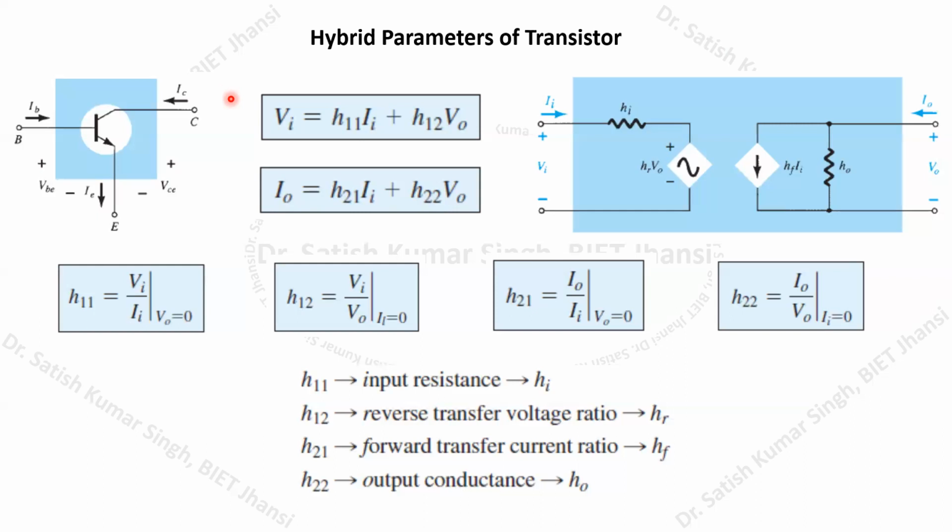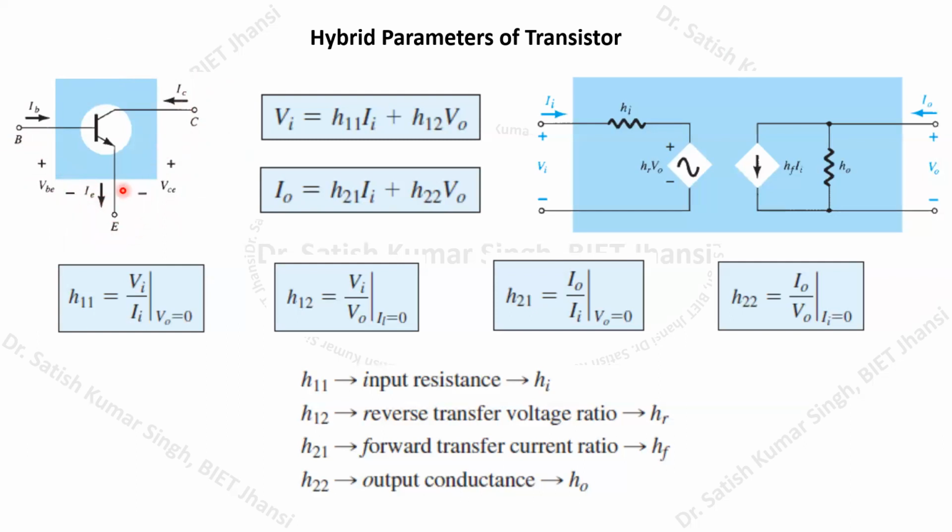First of all, as we know, transistors such as BJTs, bipolar junction transistors, normally have three different terminals: base, collector, and emitter. We have already seen that two of them can be used in the input loop and the other two in the output loop.